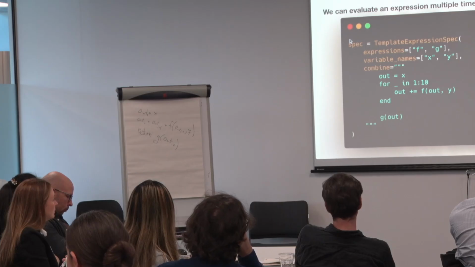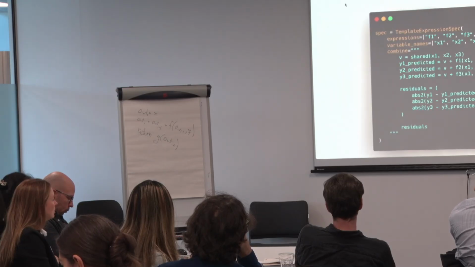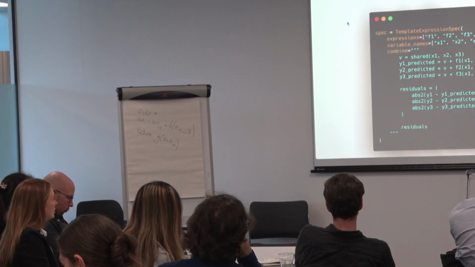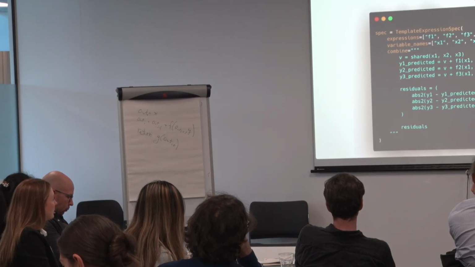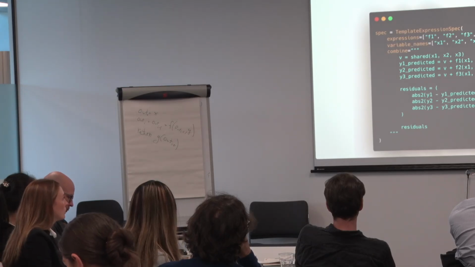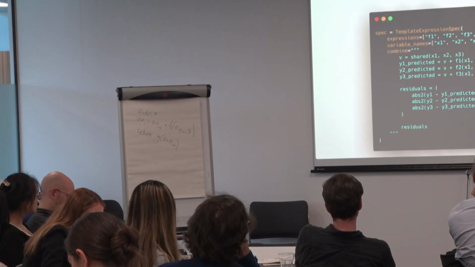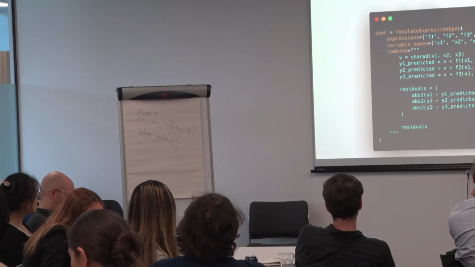Okay? So this means it gives you a big space you can represent your problems in. This also lets you do vector expressions. So this is something that I really wanted it for. And now the tricky thing is that in PySR, you can only pass one variable as the target. So what you do instead is you just pass extra variables in the X. And then you just compute the loss inside the template.